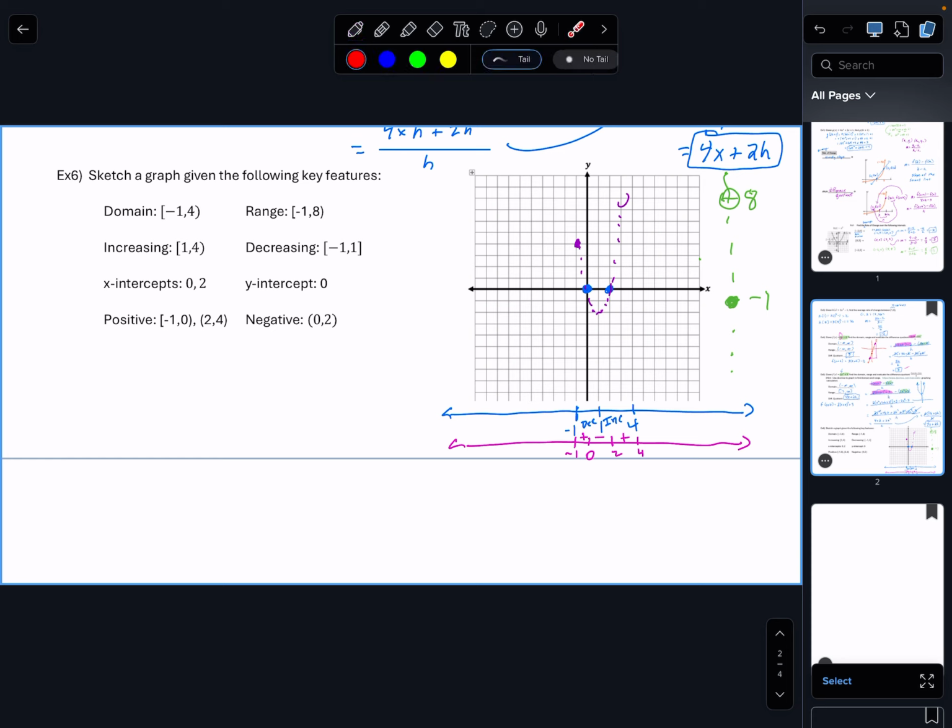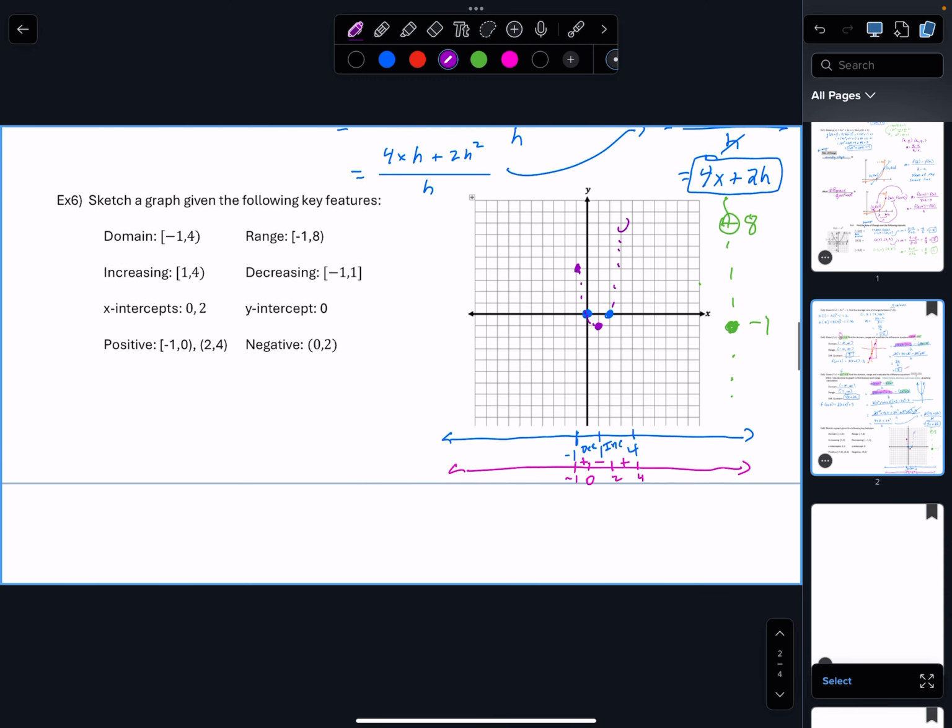The range only allows you to go down to -1. So I've got to come back and change this so that in between these, it's negative, but I'm going to hit -1 at 1. And that's going to be a point that is your minimum. So it's decreasing from -1 to 1. It's positive from -1 to 0, and 2 to 4.